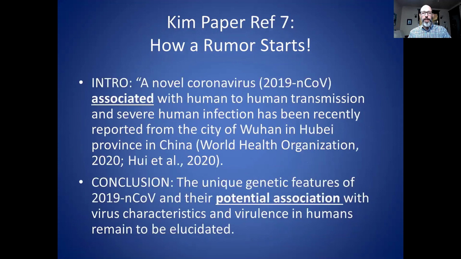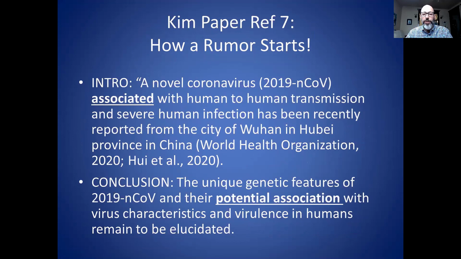I went and looked at that article, and interestingly, it doesn't say anything about causation anywhere. In the introduction, it says that a novel coronavirus is associated with human-to-human transmission and severe human infection. So once again, association is not causation.